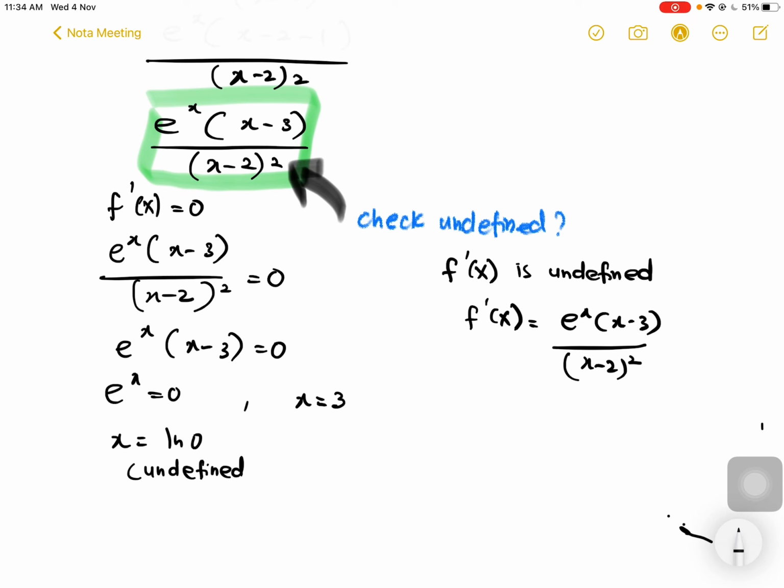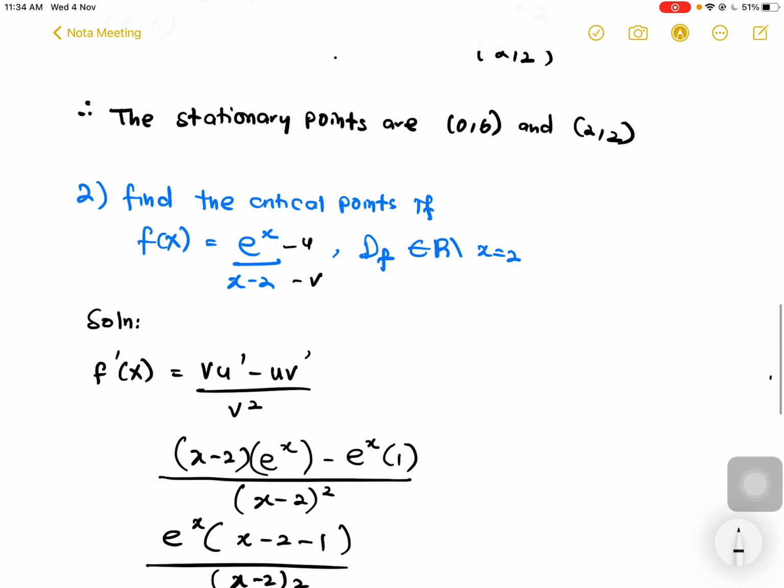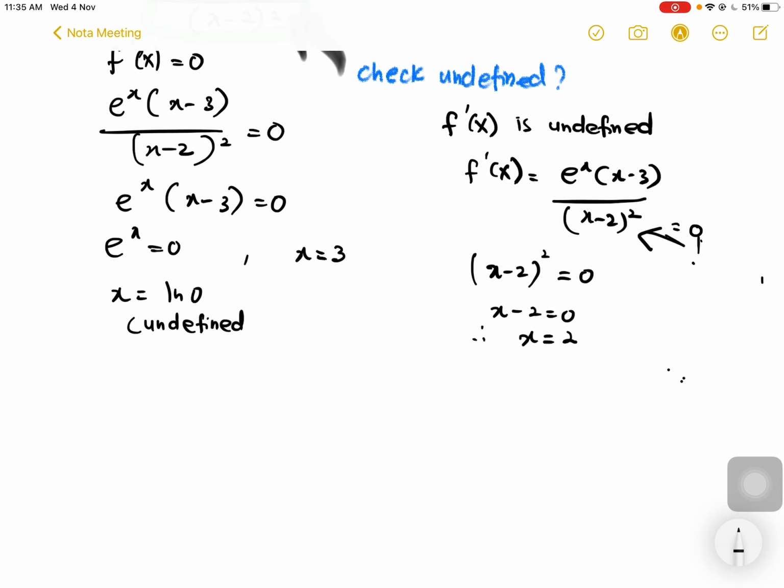We check the denominator and set it equal to 0. x minus 2 power 2 is equal to 0, so x minus 2 equal to 0, x is equal to 2. But the question says the domain is all numbers except 2. So 2 is not a critical point.